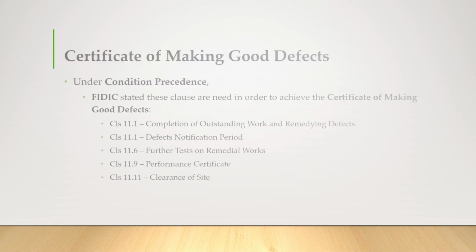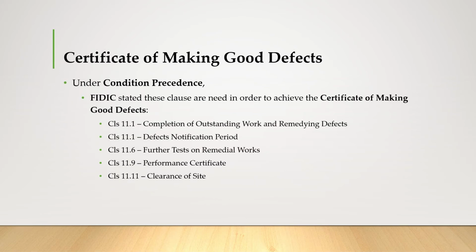So the condition precedents in FIDIC include clause 11.1, completion of outstanding work and remedying defects, and clause 11.1, the defects notification period, the DNP, and also clause 11.6, the further test on remedial works, and also clause 11.9, the performance certificate, and clause 11.11, the clearance of site.